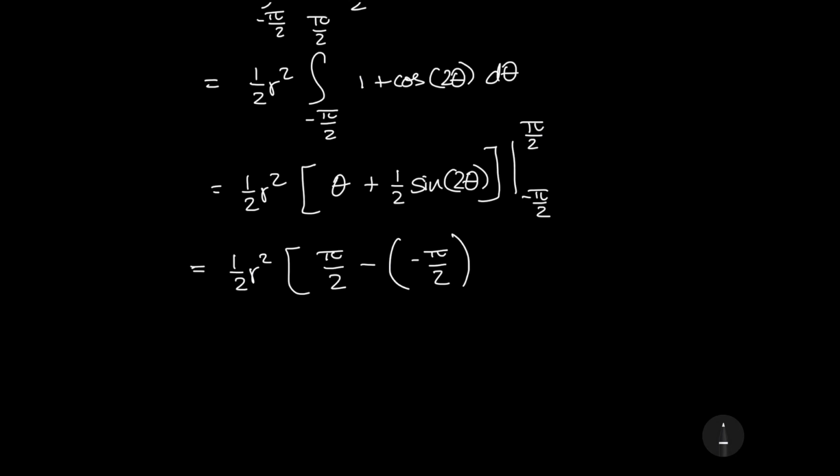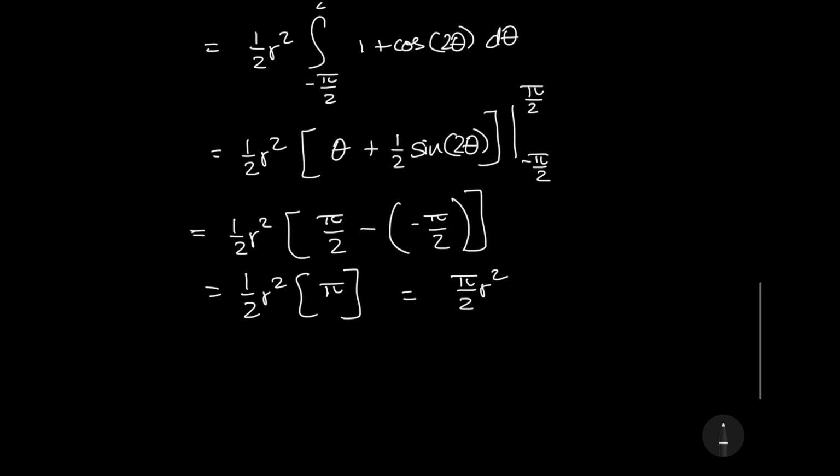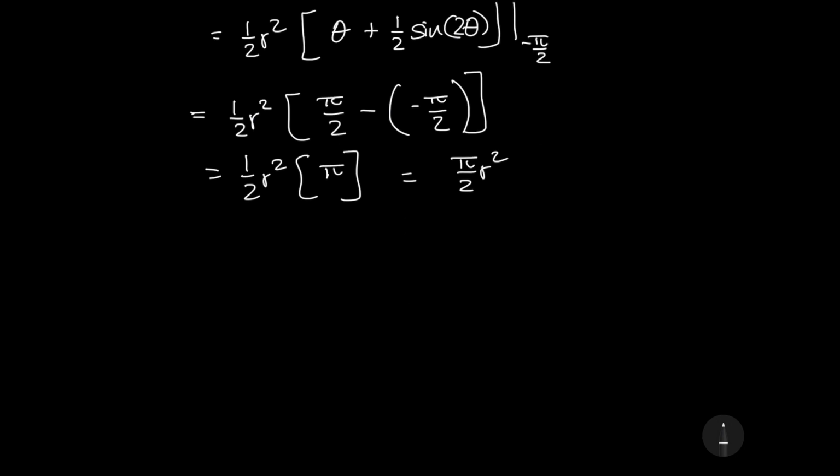So we have this, which is equal to 1/2 r squared times pi over 2 minus negative pi over 2, which is the same as pi over 2 plus pi over 2, which is equal to pi, meaning that the area of our semicircle is equal to pi over 2 r squared. But this is the area of our semicircle.